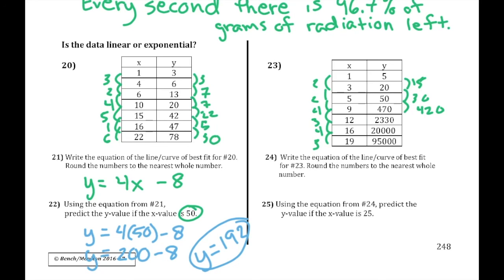So we're going to write the equation for our line or curve of best fit. For number 23, it's going to be a curve of best fit, right? And we're going to round our numbers to the nearest whole numbers. So again, we can flip back to that Desmos.com calculator, enter this information, and then figure out that curve. We don't have to look at the graph in this case, but if we have time, we will.